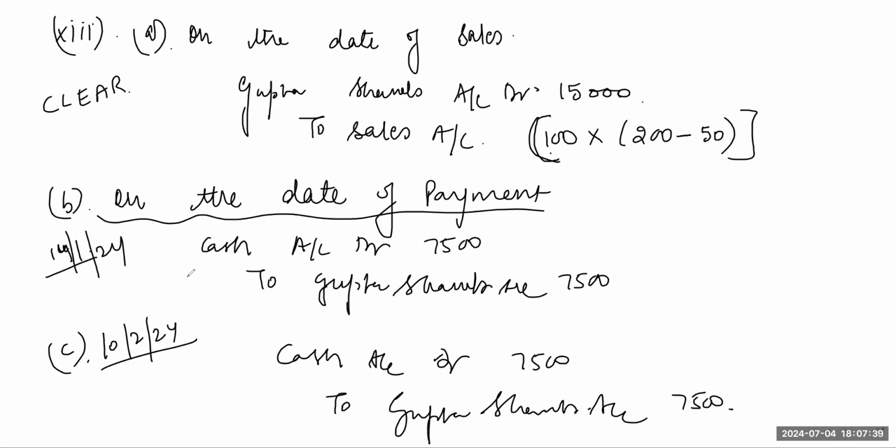Sorry, ma'am. Are they eligible for the cash discount according to the condition given? Yes, ma'am, they are. How? Ma'am, within 14 days. So what was the date of sale? The date of sale is 4th January and payment was on 14th January. So that's just 10 days, right?